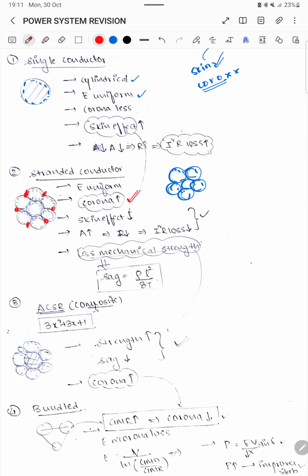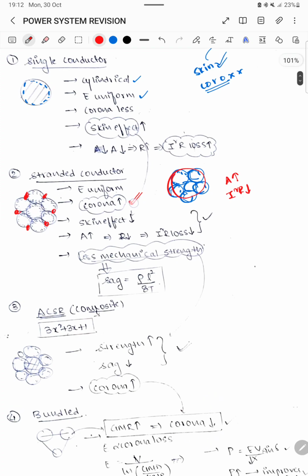Here in the stranded conductor, GMR is actually more and area is more. Since there is complete coverage, A is increased and I squared R is reduced. But the major problem here is that corona is definitely there, and also mechanical strength reduces.